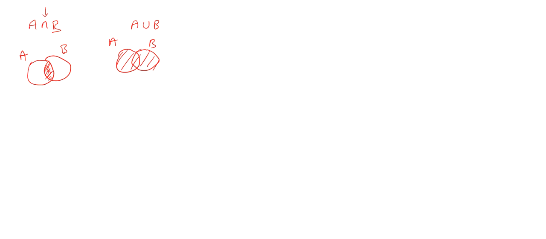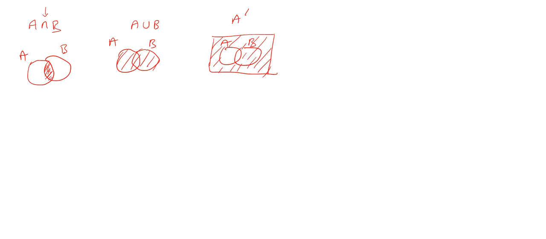If we have A and we have B, and we are asked to shade A complement, what that means is that we have to shade everything that is outside of A, which is all of this here. So in the circle A, we are not shading anything inside of the circle.